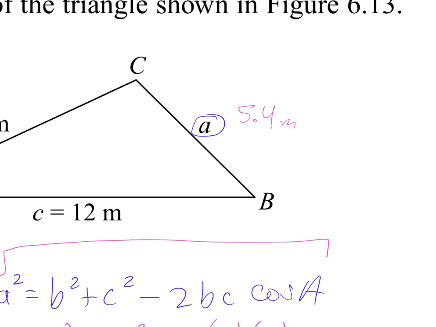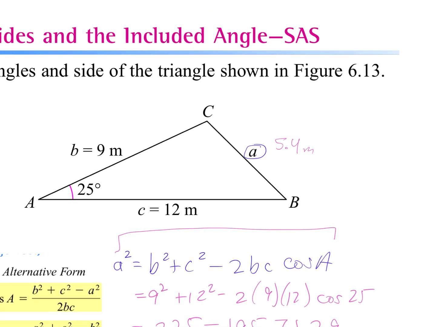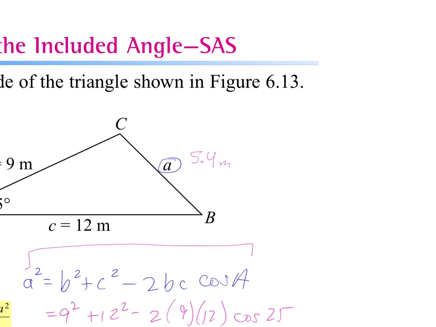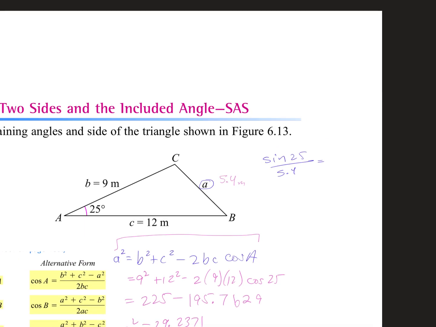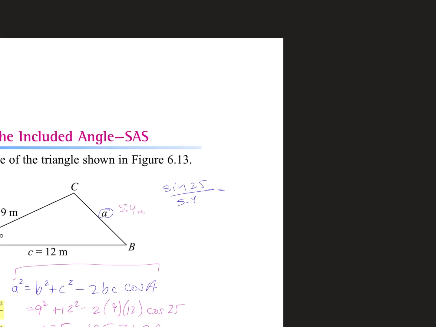Can we now figure out everything else in our triangle? Yes, because we now have a side length and its corresponding angle. So now you can use the law of sines. You have sine of 25 over 5.4 equals sine B over 9.